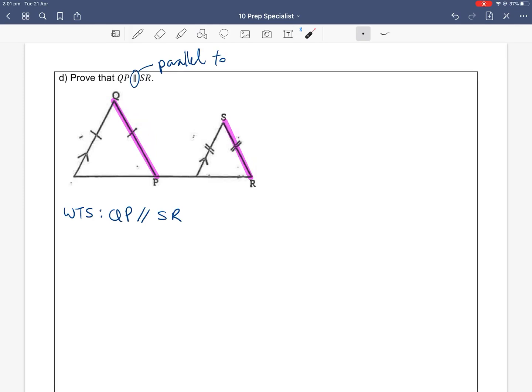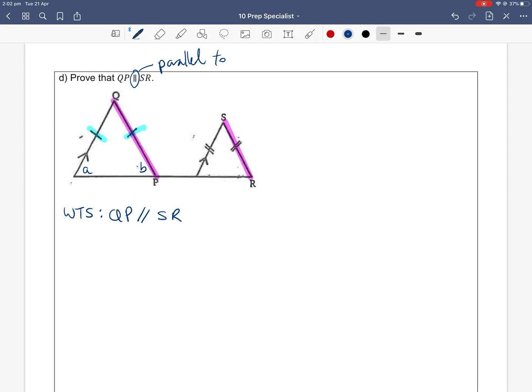Do we know they're isosceles triangles? Well, yes we do, because see here how they've got dashes there for the QP triangle. So that tells us that this triangle here is an isosceles on the left. This left triangle is an isosceles, which means that if we label the two bottom angles A and B, then A and B are the same angle.